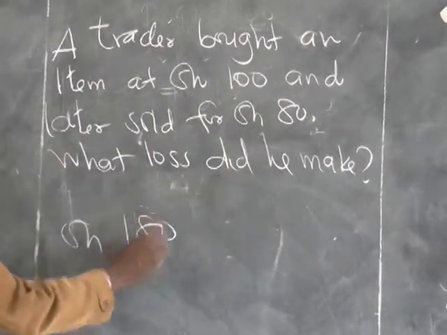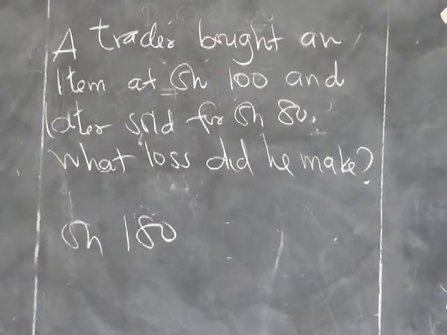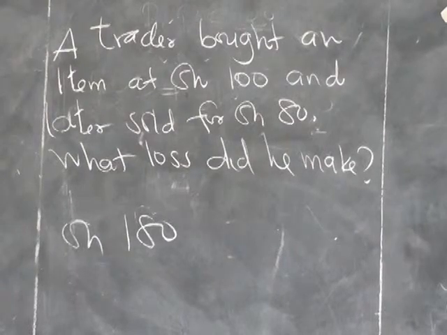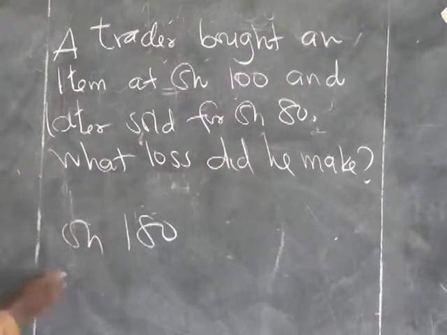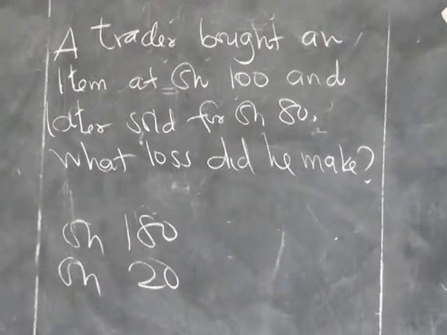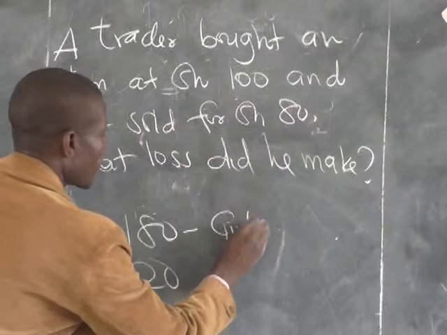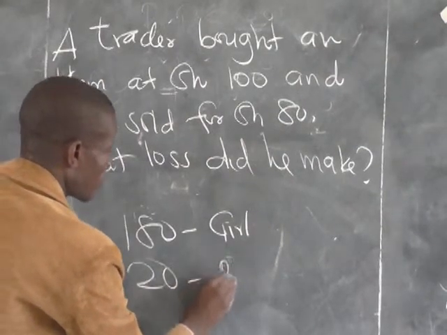Okay, if you don't support the answer, then can you give me the answer you think is correct? Good. Somebody is saying that the answer is supposed to be 20 shillings. So this answer was given by the girl, and this is now given by the boy.